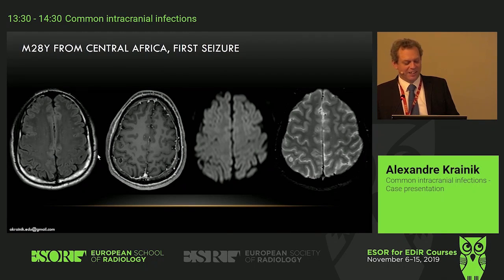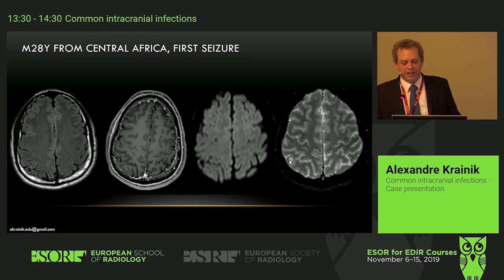Another case, but which is not so obvious. At this phase, you see that you don't have any surrounding reaction around this little cyst. There's only a very subtle enhancement of the surrounding part of the cyst, but you don't see any calcification.